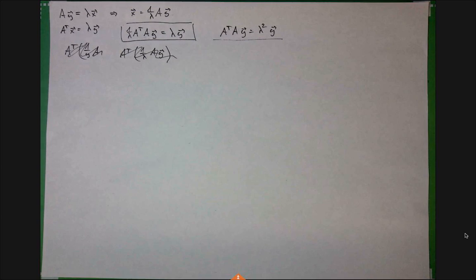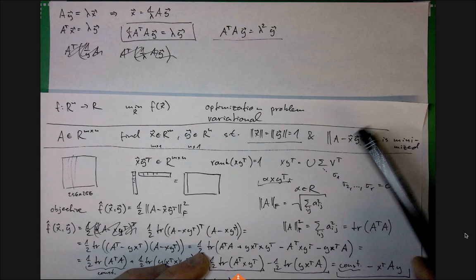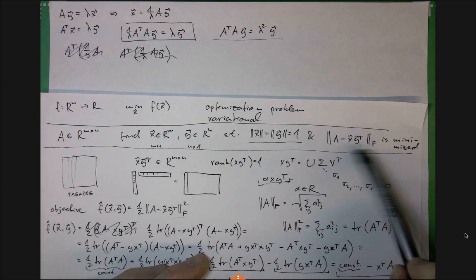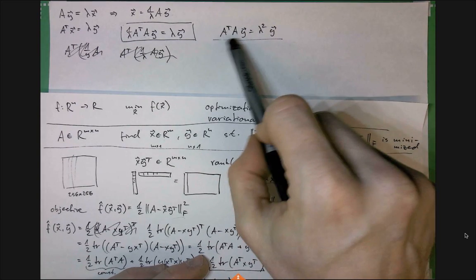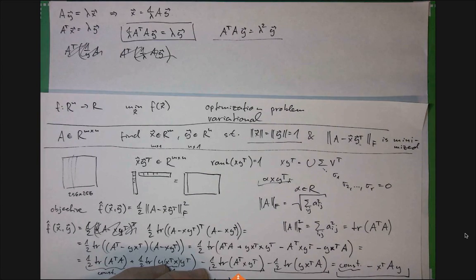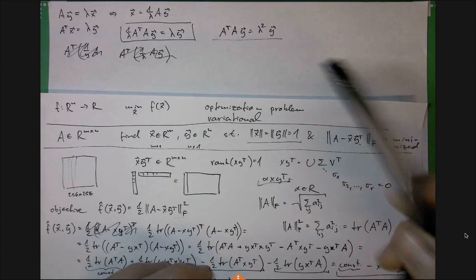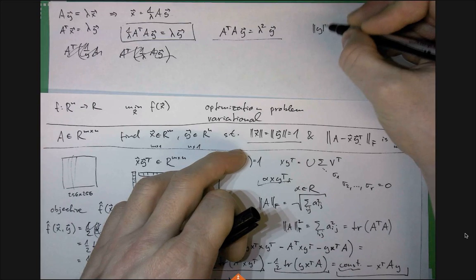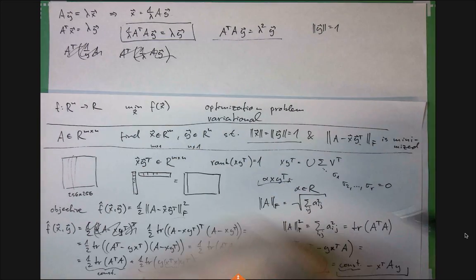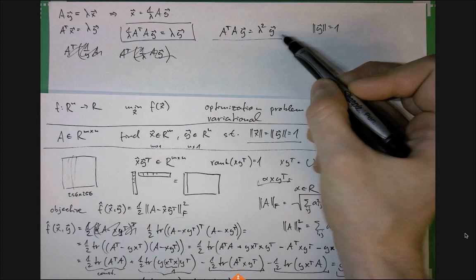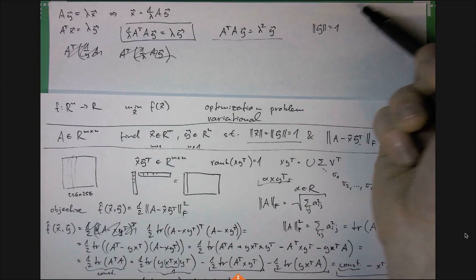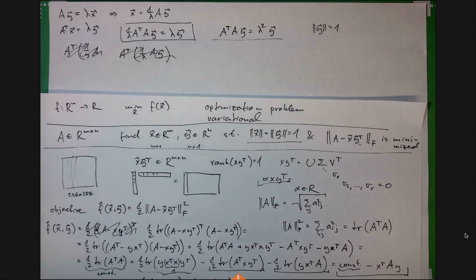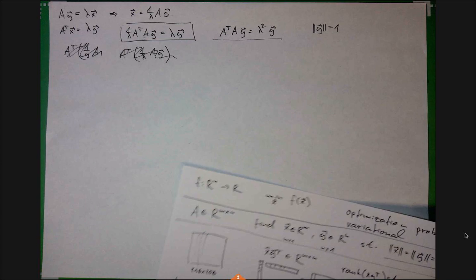Because what we obtain here is that if y is to be the minimizer of this expression, then y needs to be an eigenvector of A^T A, which is sort of cool. Of course, we still have the constraint that the length of y is 1, right? But that's fine, it doesn't matter, because eigenvectors must be non-zero, and if it's non-zero, I can just divide it by the length to get a vector of length 1, right? So that can be easily satisfied there.